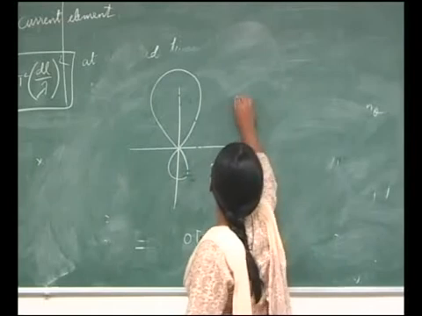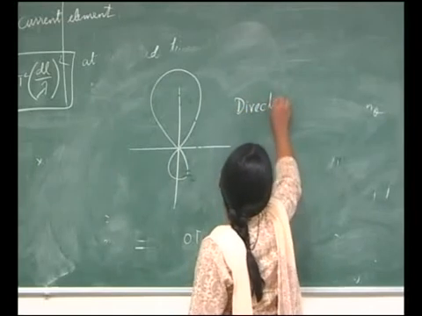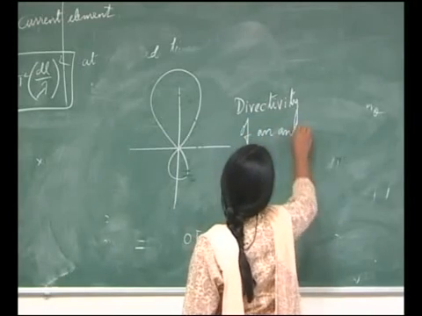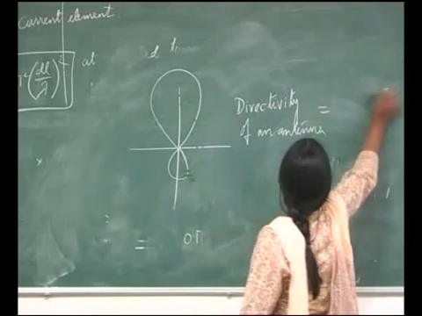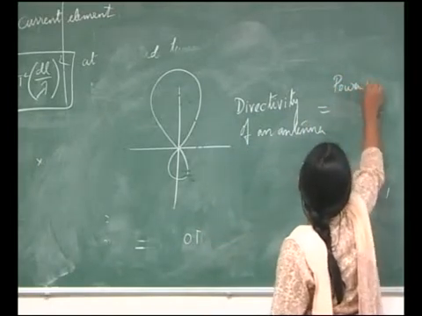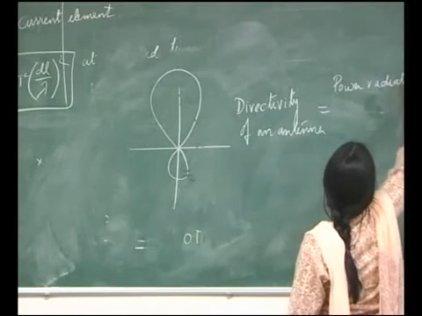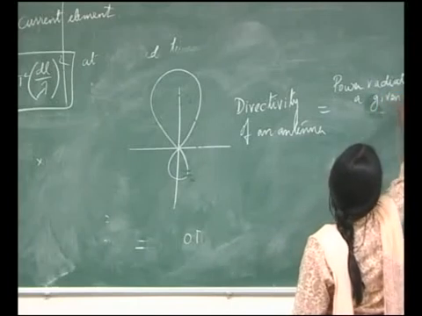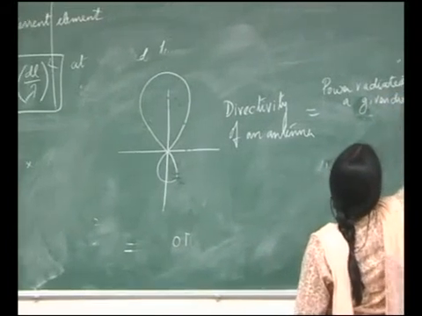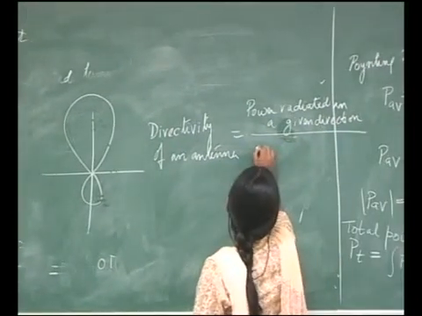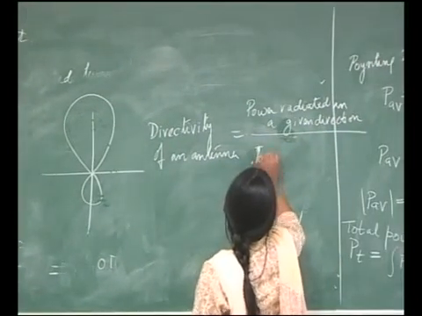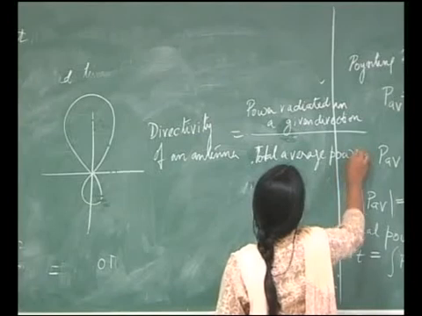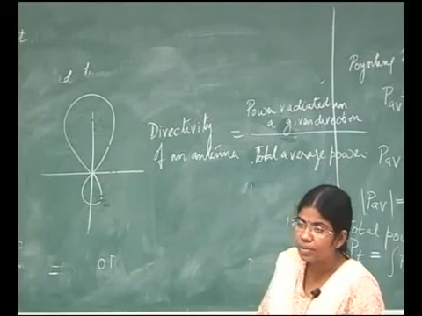So, directivity is the power radiated in a given direction divided by the total average power. Now, what is total average power?